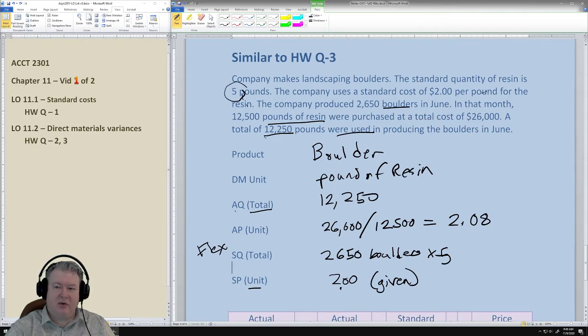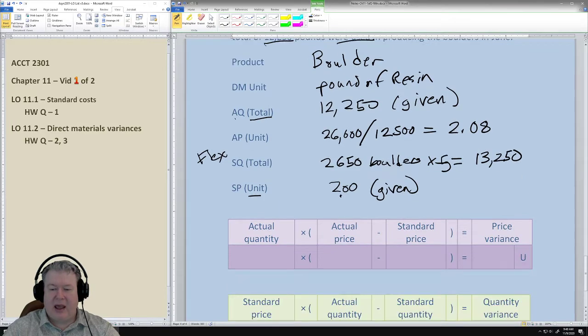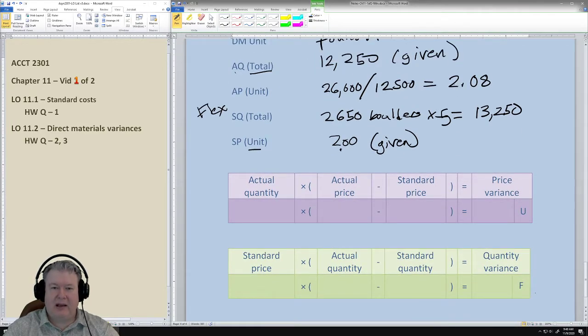That's our standard quantity. So, once again, the idea of the flexible budget, move my budget up to the actual quantity. If I multiply those two out, that comes to 13,250. So once I've got these numbers, and you notice 2 were given and 2 had to be calculated. And again, the plugging in is the easy part.